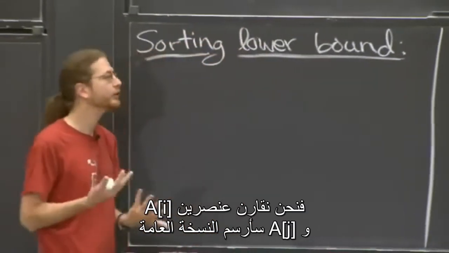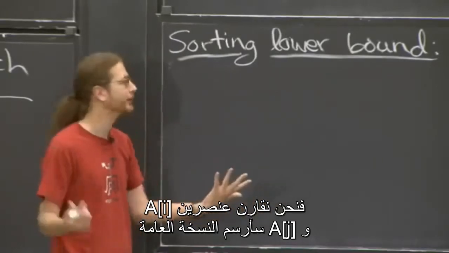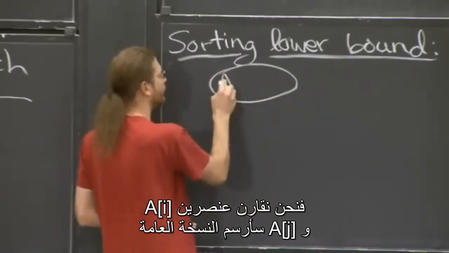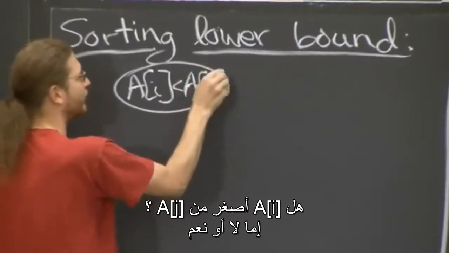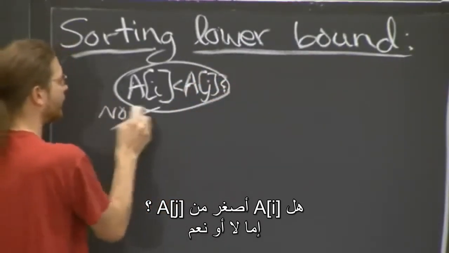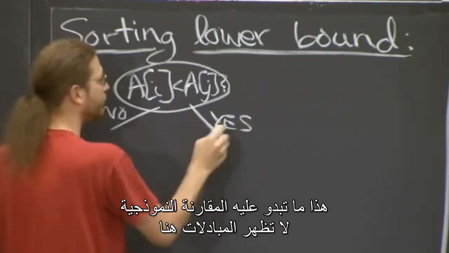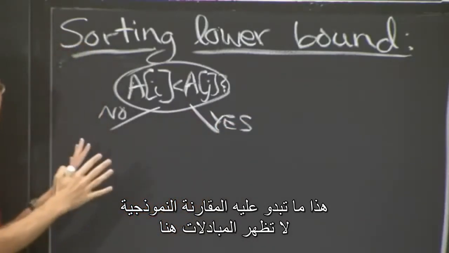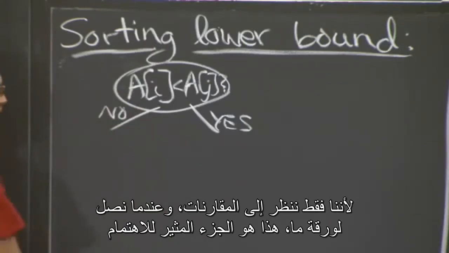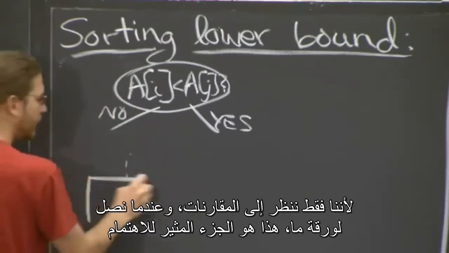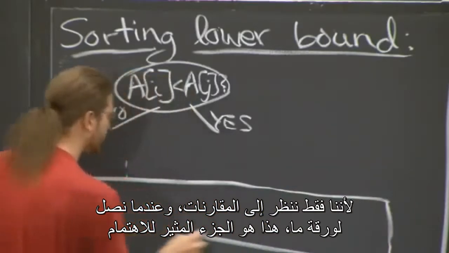But the internal nodes look just the same. You're comparing two items, A_i versus A_j. So I'll draw the generic version. You have A_i less than A_j, question mark. And then you'll have a no and a yes. So that's what a typical comparison would look like. Swaps don't appear here because we're just looking at the comparisons. And then when you get down to a leaf, this is the interesting part.